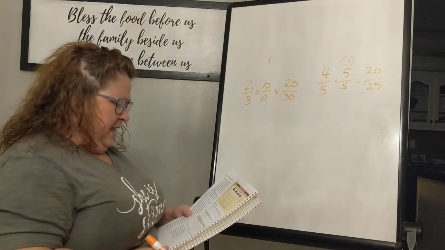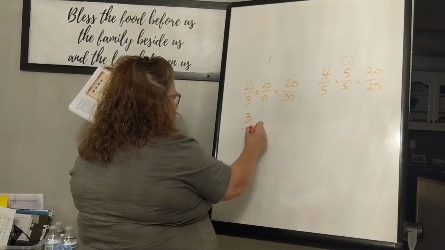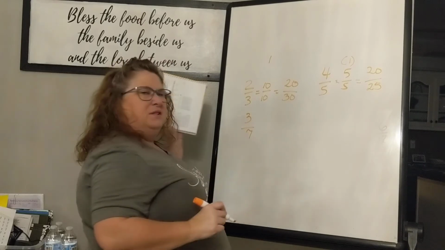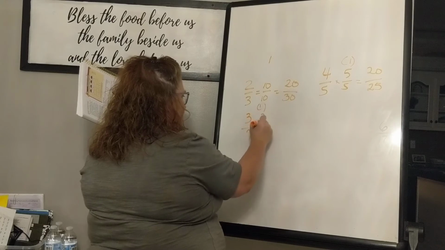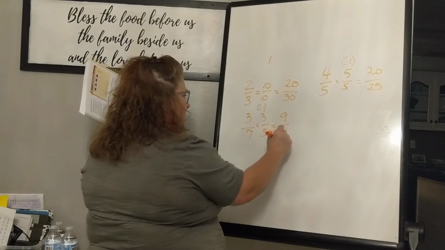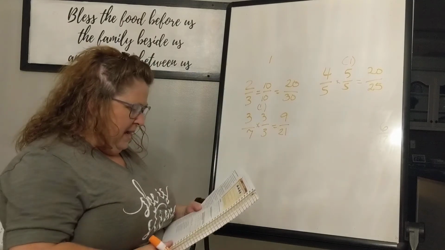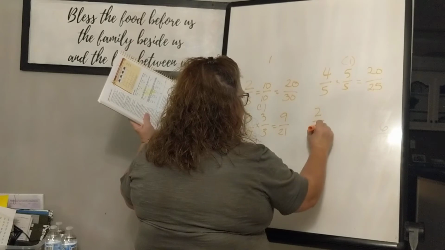We just made equivalent fractions. 3 over 7. Let's just use 3 over 3 as our 1. 3 times 3 is 9. 7 times 3 is 21. We made equivalent fractions.